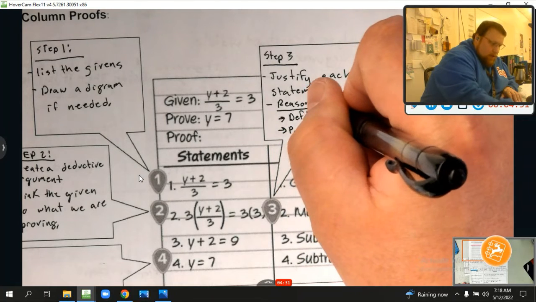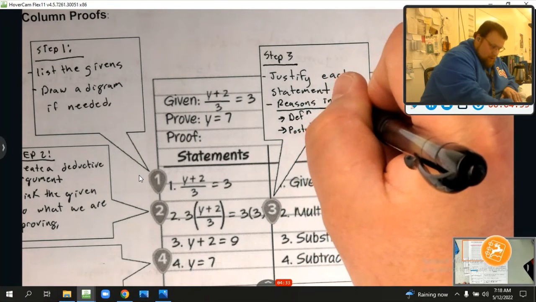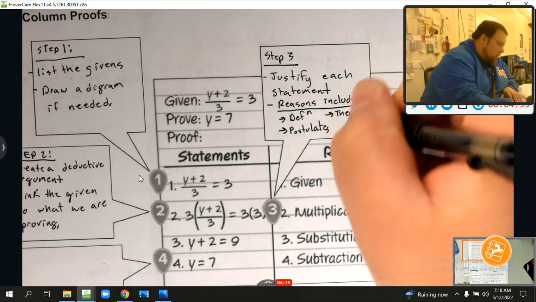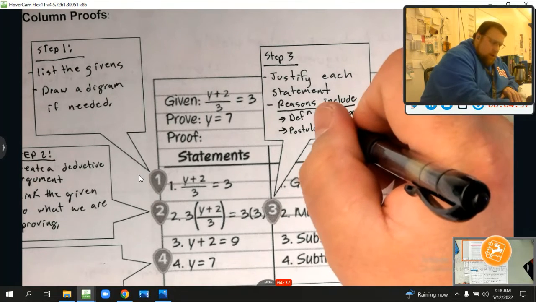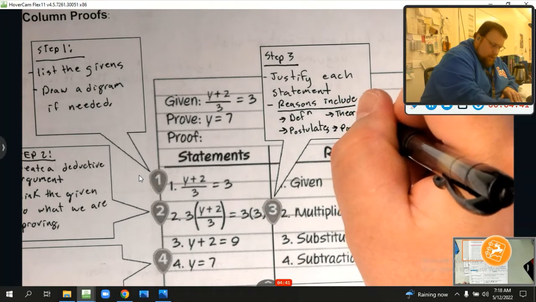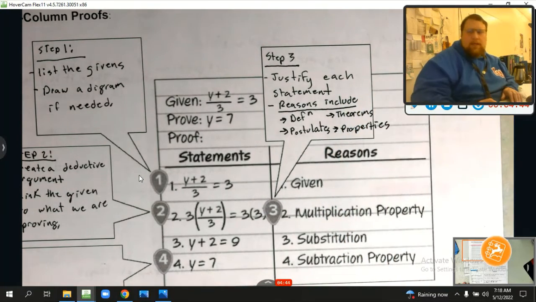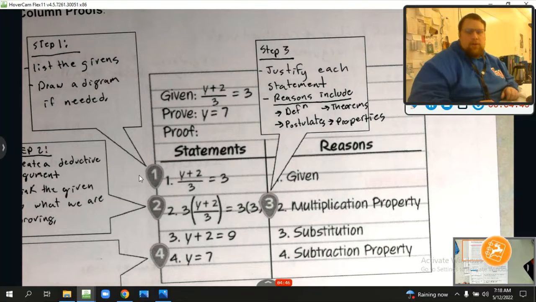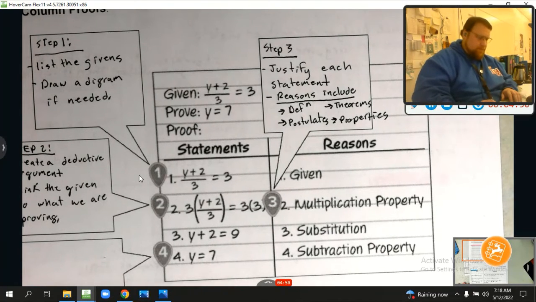Eventually, we'll start using theorems, which are like a stronger postulate. We're also going to be using, as we've already seen, properties, which is really what we use a lot here. And you're going to go out of the box a little bit. That's okay. So definitions, theorems, postulates, and properties are what we're going to be using for our justification.